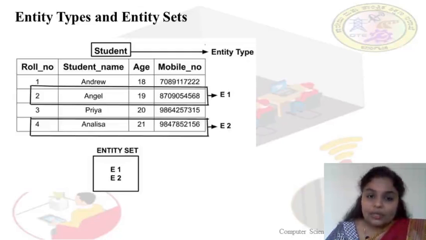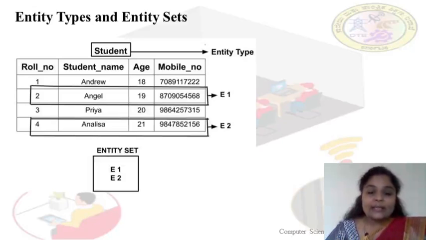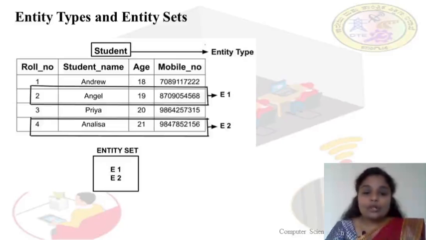No. So the entity type here is student. If you go for another table, their entity type will be different. Entity type depends on the data which is there inside the table. So the data here is 1, Andrew, 18 and the phone number. That represents the entity. And the collection of the data with similar attributes.